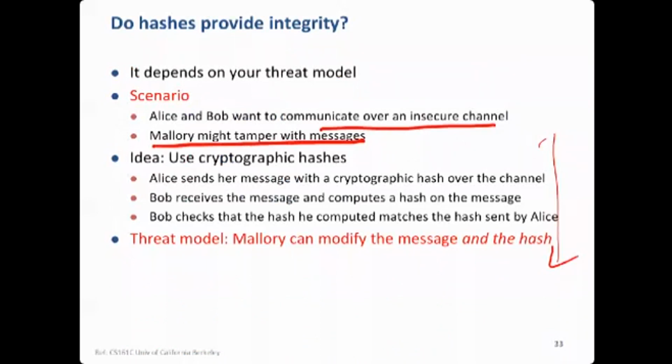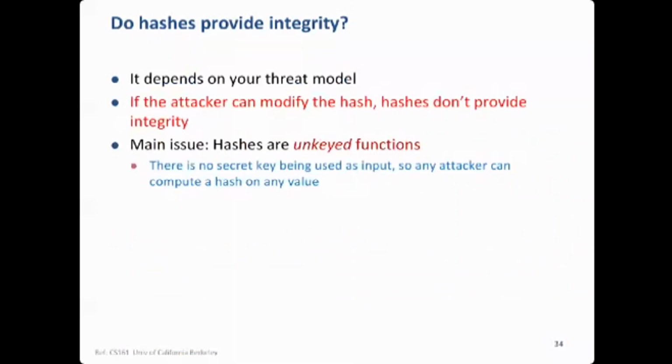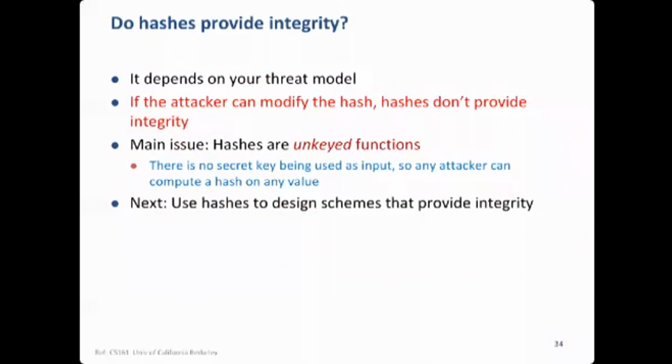So if Mallory can in between change the message and the hash, then there's no way Bob can find this out. Now note that a lot of the limitations of hashes come because of the unkeyed function.